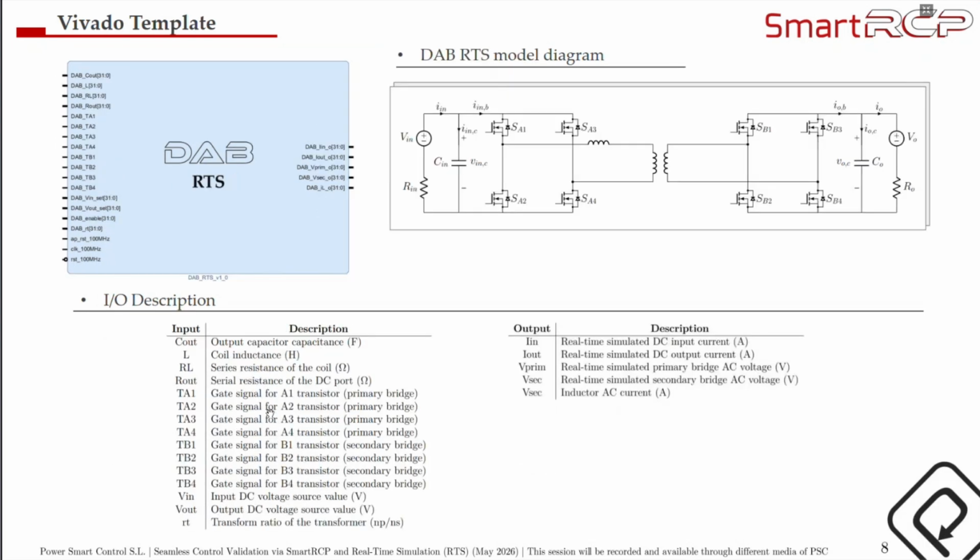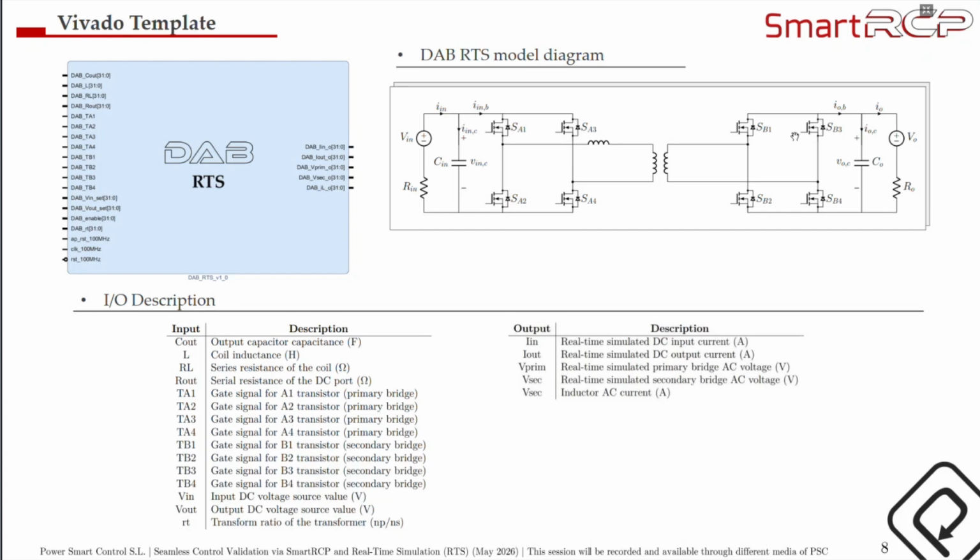And moving to the converter model, this is a physical model that solves all the differential equations of the simulation in real time. It emulates everything that we can see in this diagram: input and output capacitor DC filters, the inductor, the single phase transformer, as well as each of the transistors of both bridges.